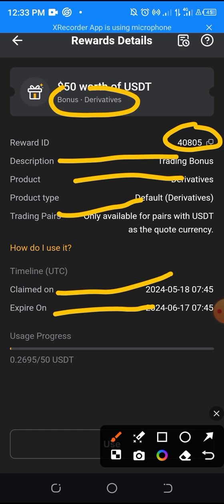I've already traded and made a profit of about $3, right? But I'm currently on a trade, and I'm expecting to make more profits on it. My target is to make at least $50 to $100 from this bonus.